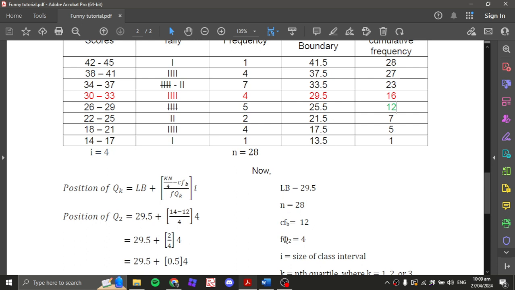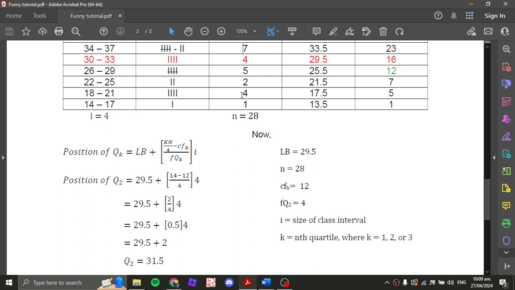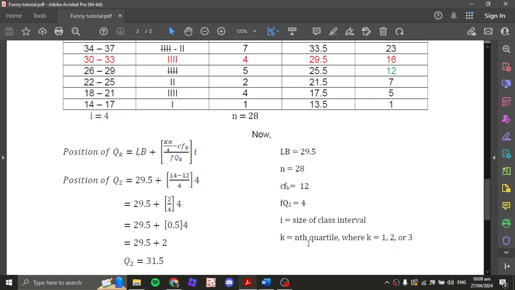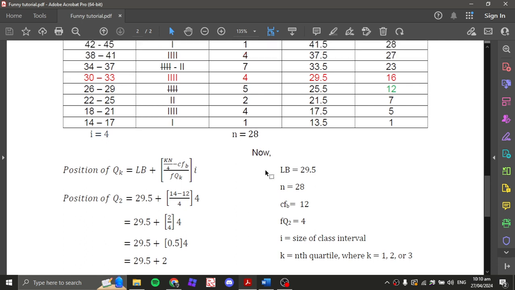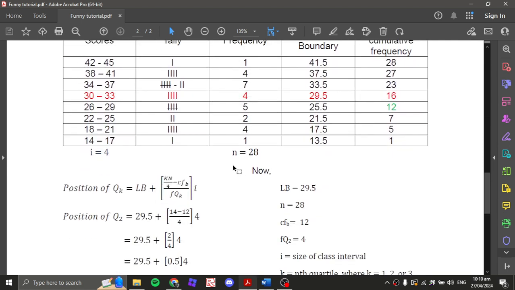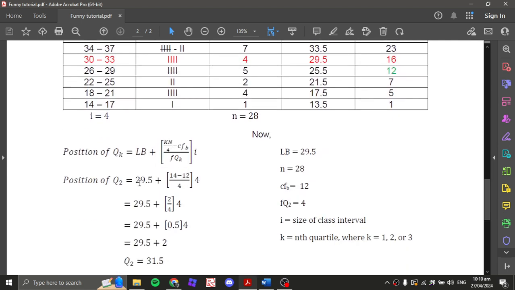And the frequency of the second quartile is 4, and the size of the class interval is 4 too. And k is obviously 2. But we will substitute kn over 4 with our value before, which is 14. And just substitute everything: 29.5, 14, 12 divided by 4 times 4.